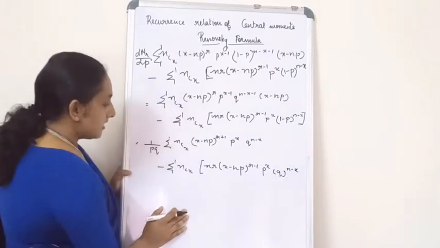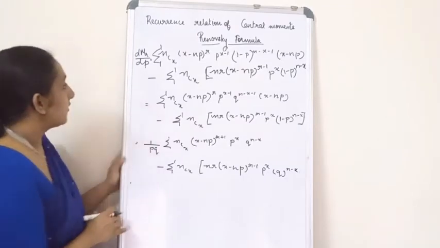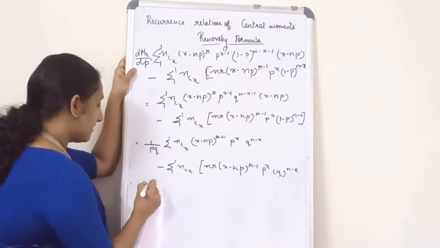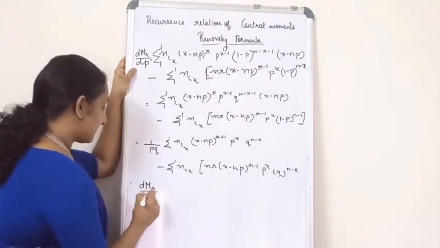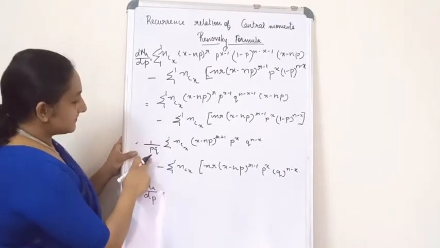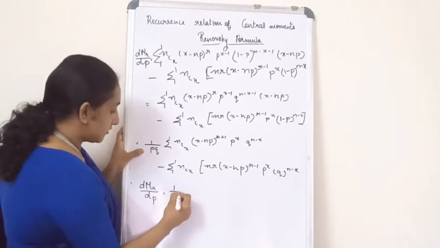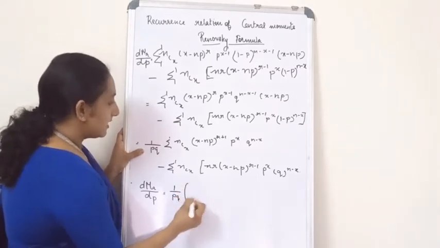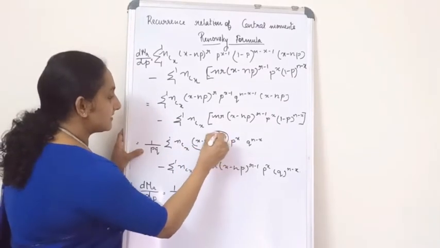Okay, now this is equal to, so from there we started, we differentiated mu r with respect to p, which is equal to, what is this? 1 by pq multiplied by, now what is this?